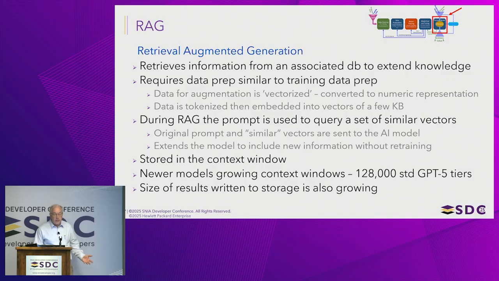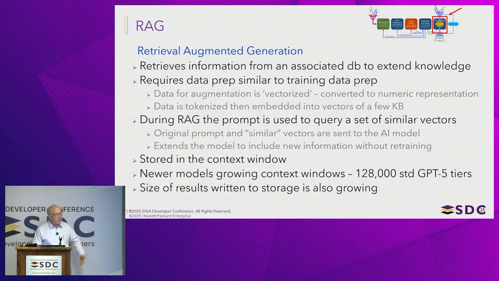During the RAG process, the prompt that you put in is used to query your vector database to retrieve additional information to augment the knowledge in the model. Then the additional information, along with your prompts, are all fed into the model to generate more up-to-date information.